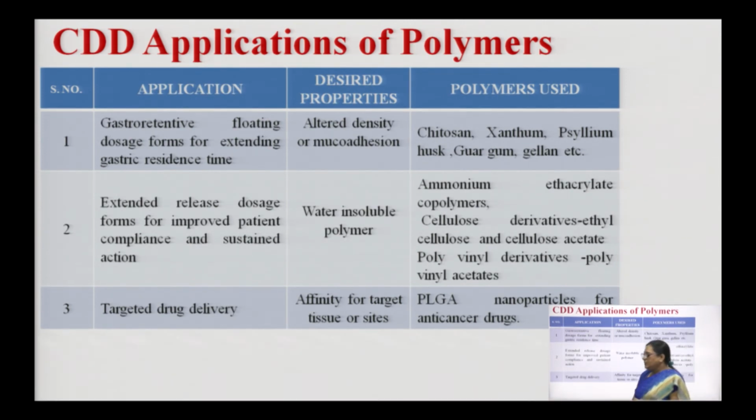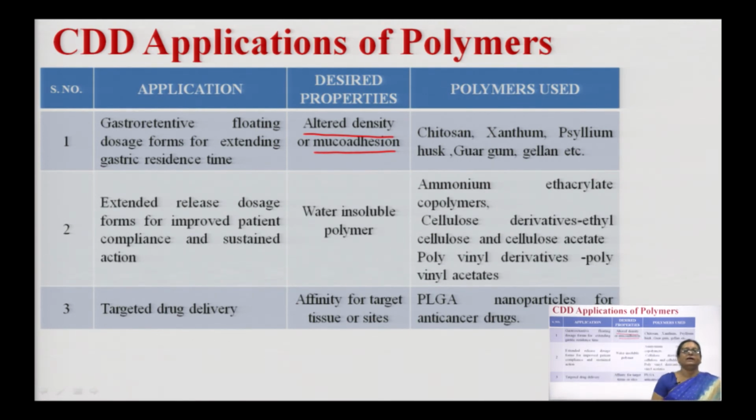Here you can see specific controlled drug delivery applications of certain polymers for different routes of drug delivery. The first category that I have chosen is gastro-retentive floating dosage forms. These are prepared for extending the gastric residence time. Now, there can be two mechanisms for enhancing the residence time.